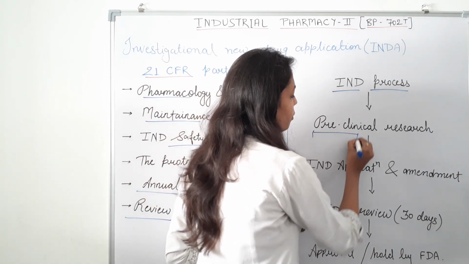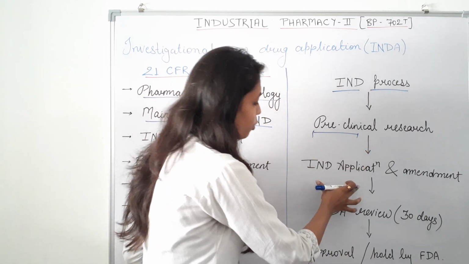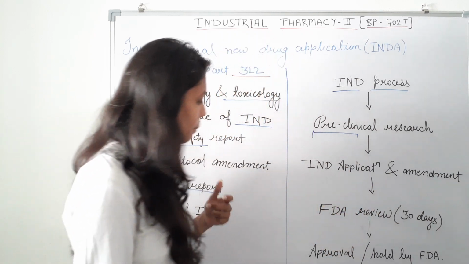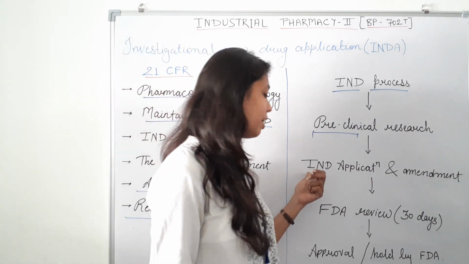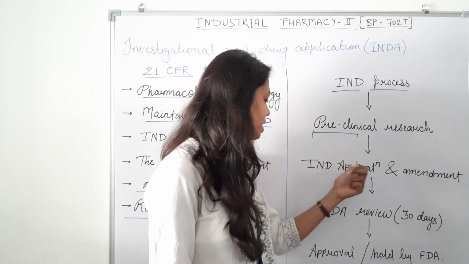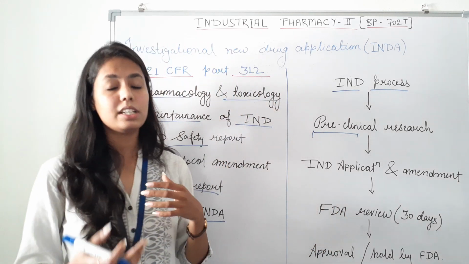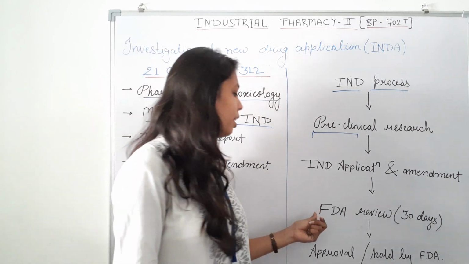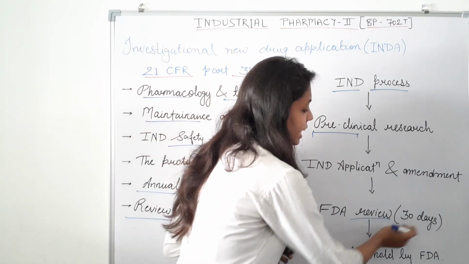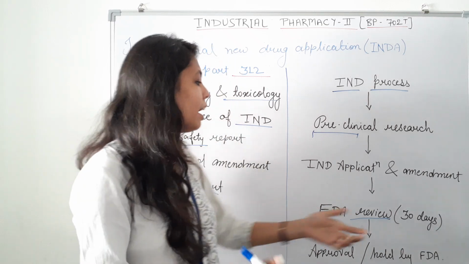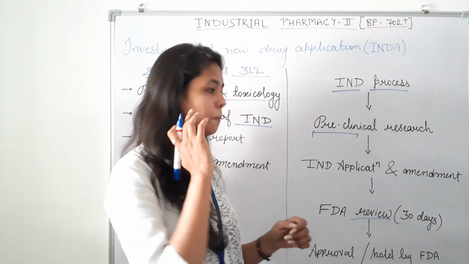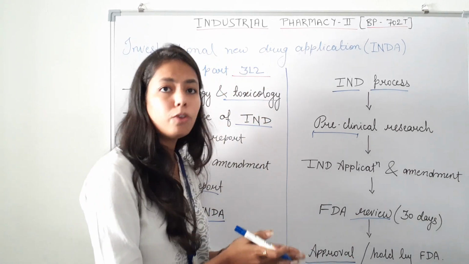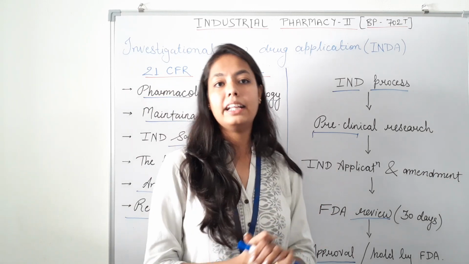After safety has been proved in the animal studies, you have to go for the investigational new drug application and further amendments. After filing the investigational new drug application, the FDA reviews all the points which are covered in the application. The review will take around 30 days. After 30 days, FDA gives the information whether the investigation is approved or it might be put on hold by the FDA.